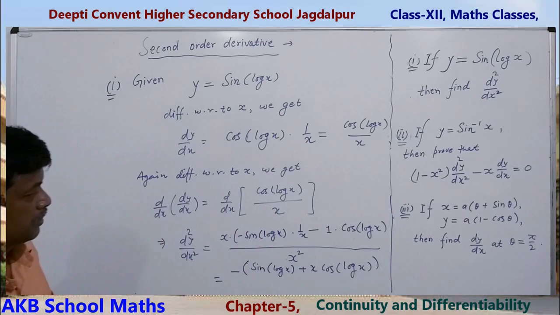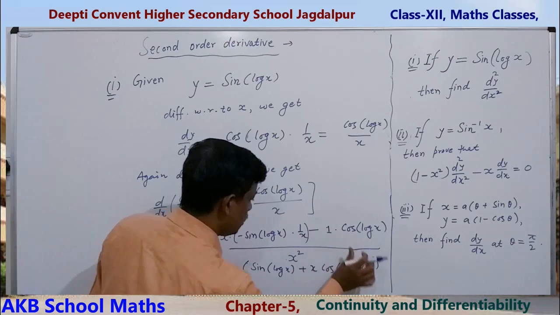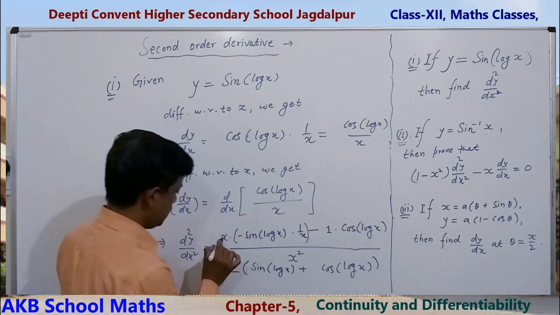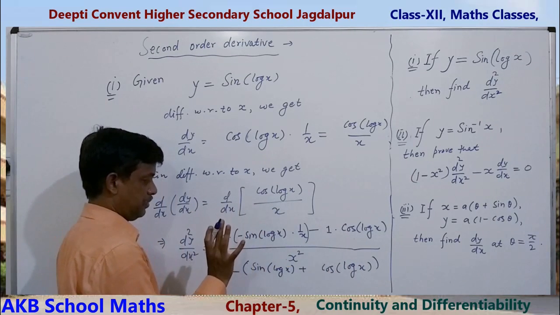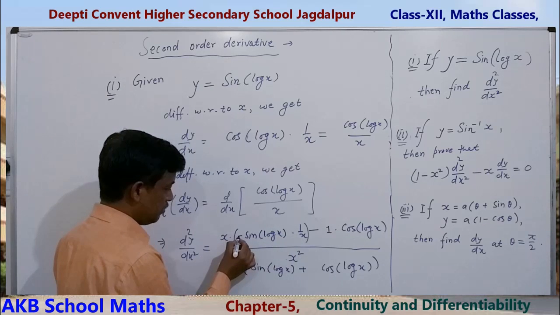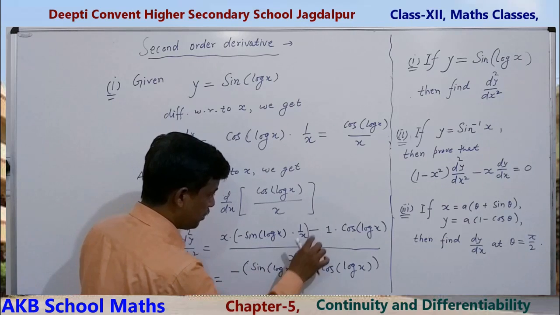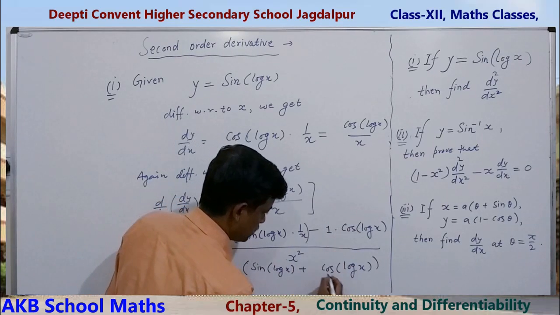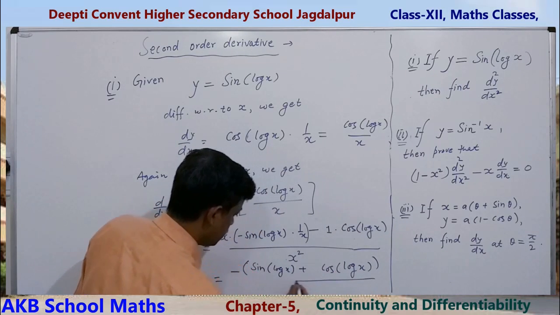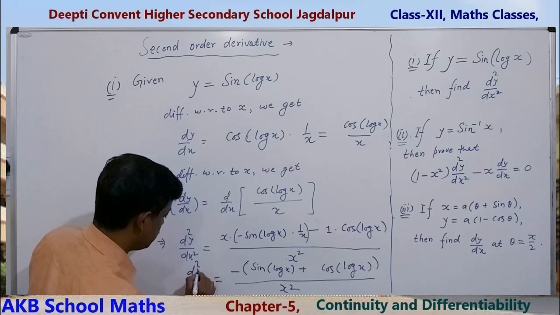Both have minus, so take it common and write outside. Product of this only with this, x into this only. So x cancels and minus sin log x, minus outside, sin log x plus cos log x upon x square. So this is the second derivative, d2y upon dx square.